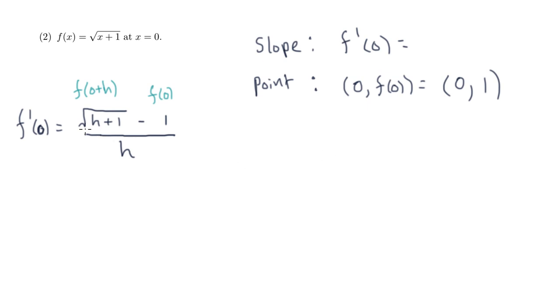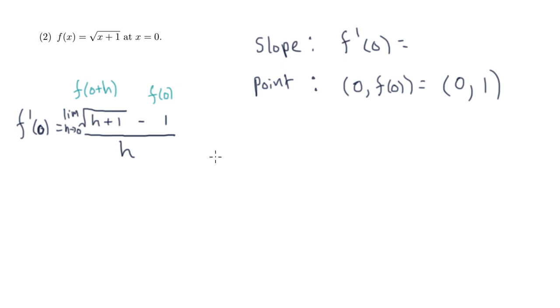And again, if I try to plug in h equals 0, I'm going to get an indeterminate form. So I need to do more work. And if you recall with limits, we have a red flag here. We have a square root. So let's multiply by the conjugate. And let me actually not forget the most important part here, that really I need to take the limit as h goes to 0.